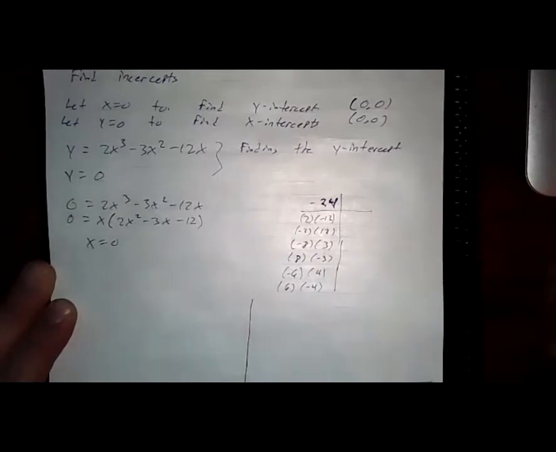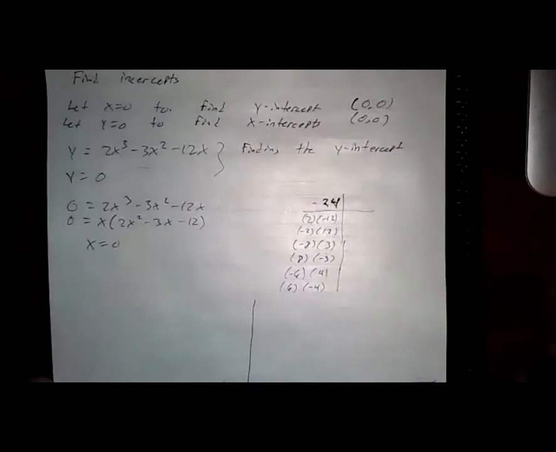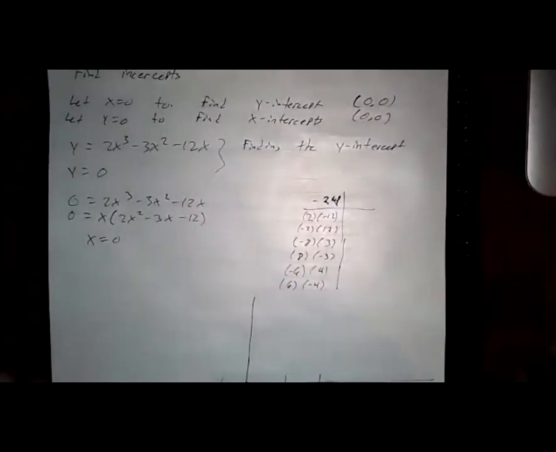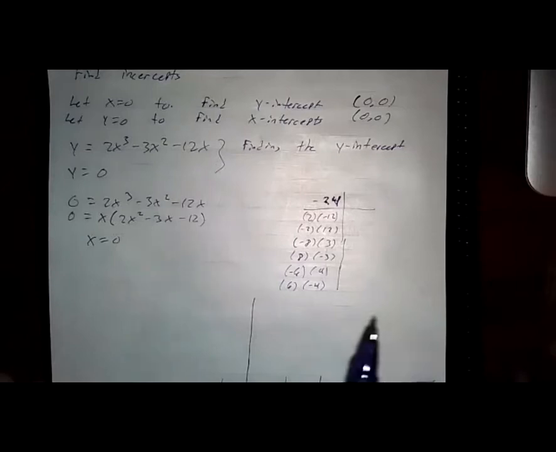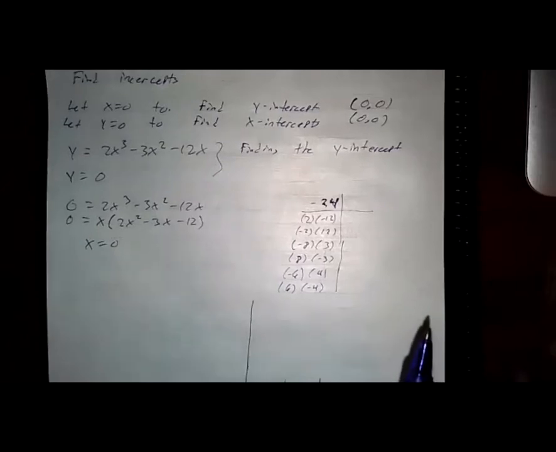So I know I got a point here. We have a maximum at -1 and a minimum at 2. Plug these into the original. Plug in -1 here.